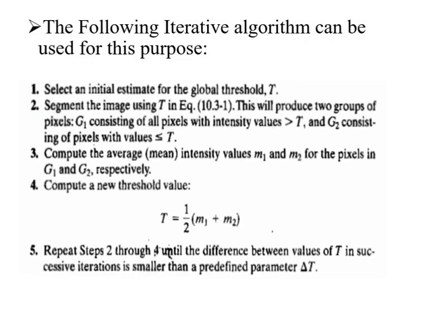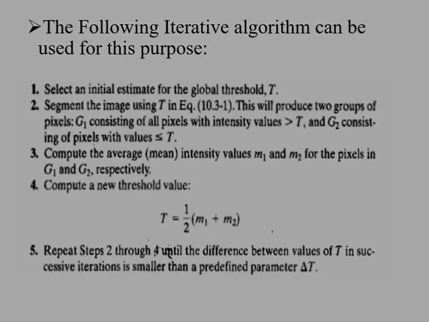Fifth, repeat steps 2 through 4 until the difference between values of T in successive iterations is smaller than a predefined parameter delta T. This simple algorithm works well in situations where there is a reasonably clear valley between the modes of the histogram related to the object and background.